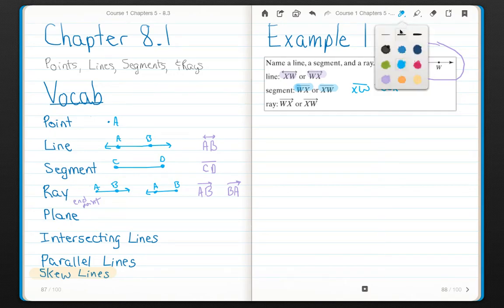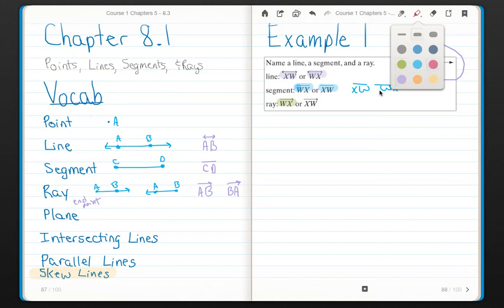Now the rays are order dependent. So I have ray WX. That means I am starting here and going this direction.